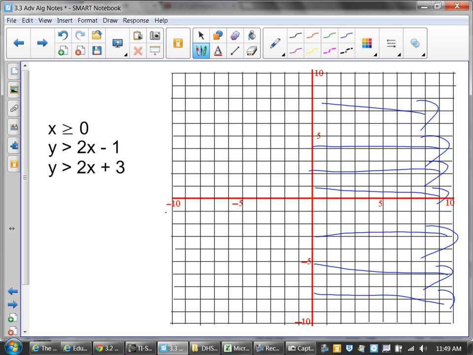You know that one? It's a dotted line, and then I just check it. Is 0 bigger than negative 1? Yes. So it's going this way. So we wind up with a little bit of the overlap right in this area.